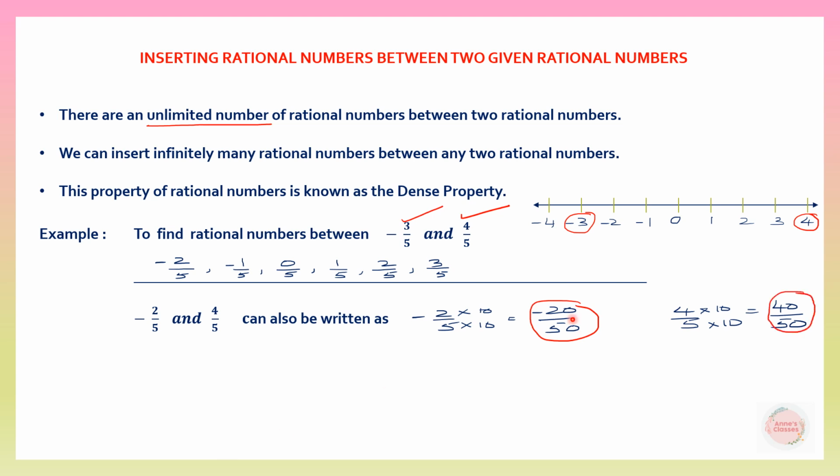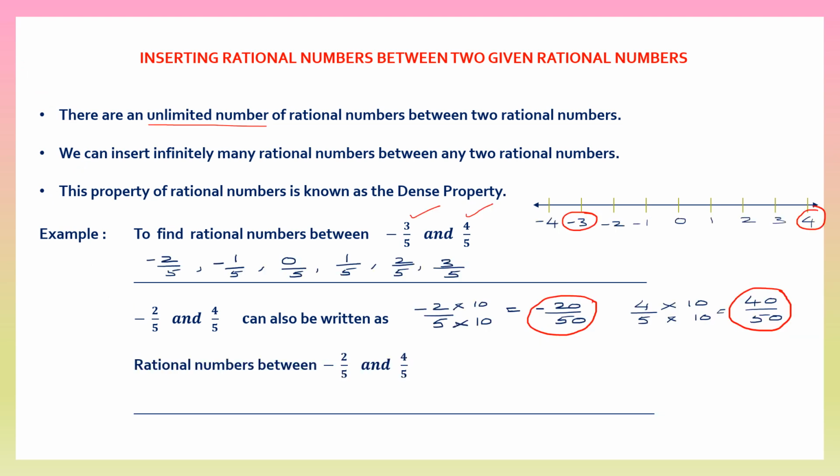That means if I can write all the rational numbers between minus 20 by 50 and 40 by 50, they will also be the rational numbers in between minus 2 by 5 and 4 by 5. So here rational numbers between minus 2 by 5 and 4 by 5: minus 19 by 50, minus 18 by 50, minus 17 by 50 and so on.